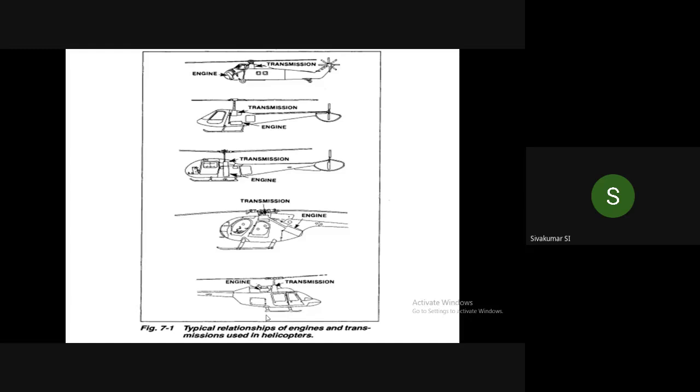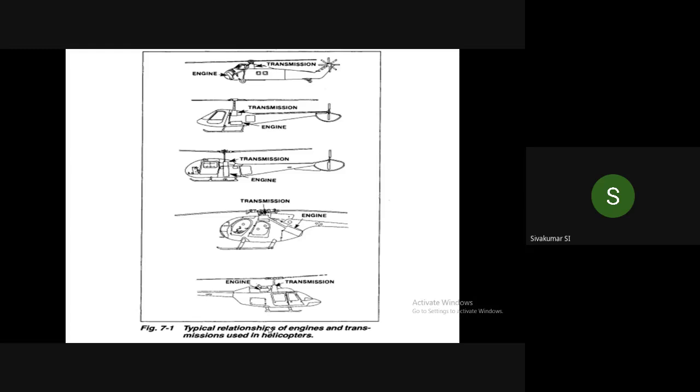So this is a typical relationship of engine and transmission used in helicopters. This is one of the important developments, how it has gone from the reciprocating engine to the turboshaft engine, and the location of the transmission in relationship with the engine, because they felt it convenient for the helicopter.